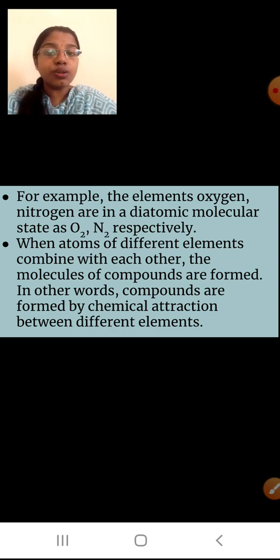Students, when atoms of different elements combine with each other, the molecules of compounds are formed. You have studied in the first presentation how compounds are formed. Compounds form when two or more atoms of different elements combine together because of a chemical reaction.